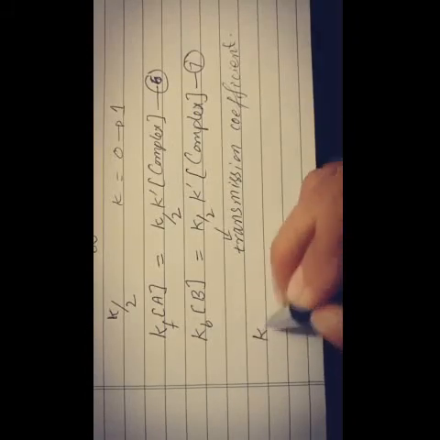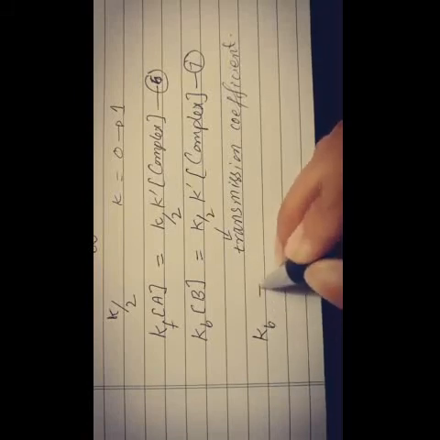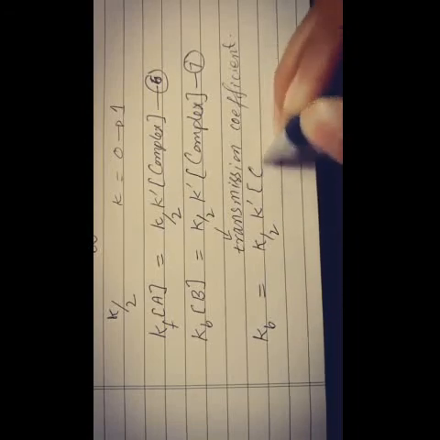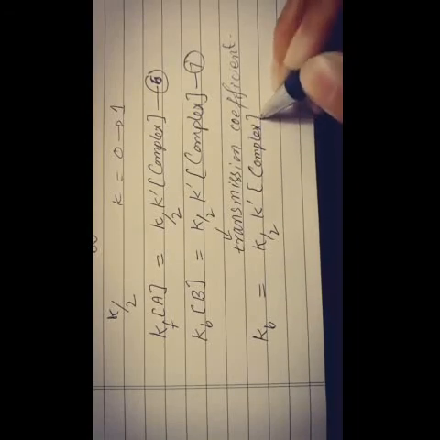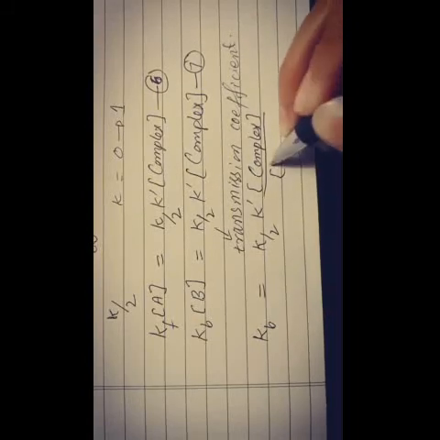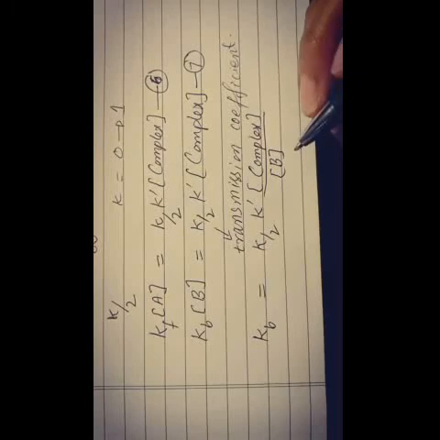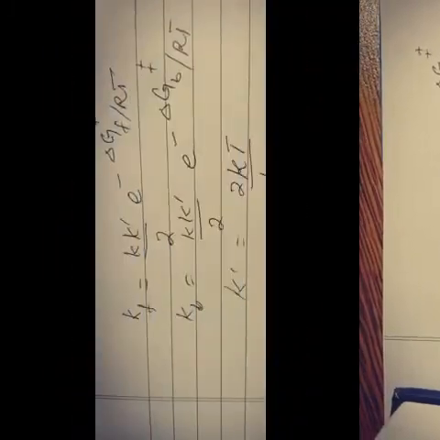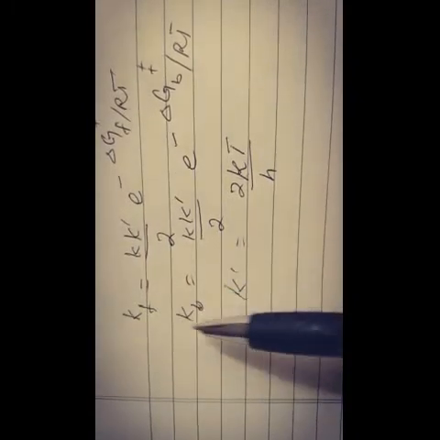Now rearrange this equation. Here Kb is equal to k half K dash, concentration of activated complex over concentration of B. So by comparing this with equation number 3, having an expression of free energy, and the expression with the rate of backward direction, we get the expression for the rate constant of forward and backward direction.